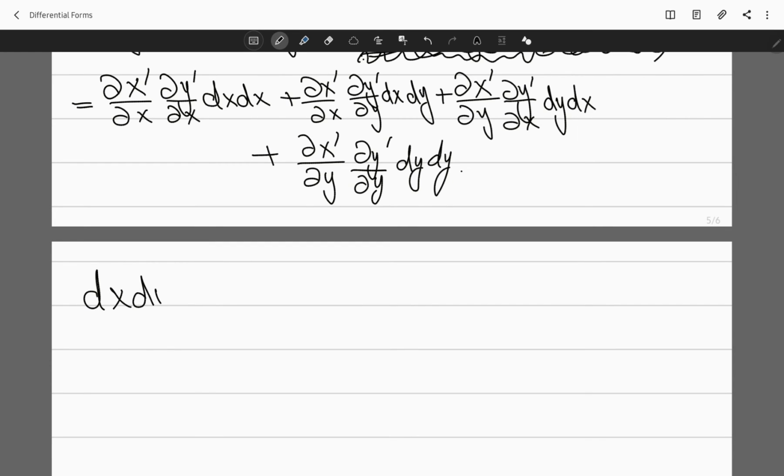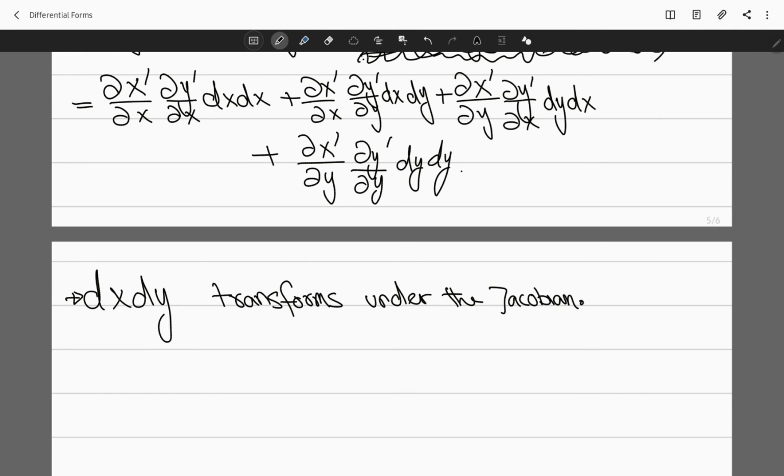Now, here we already actually know how dx dy transforms under the Jacobian, right?